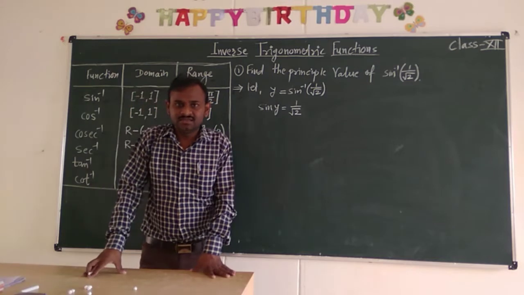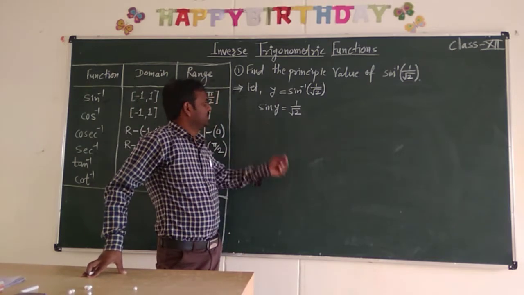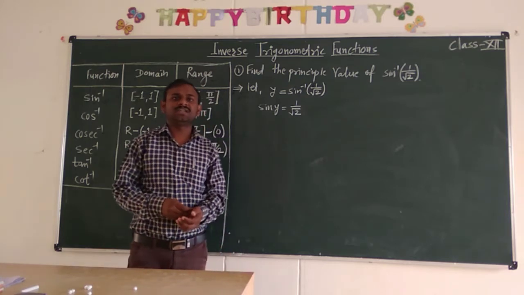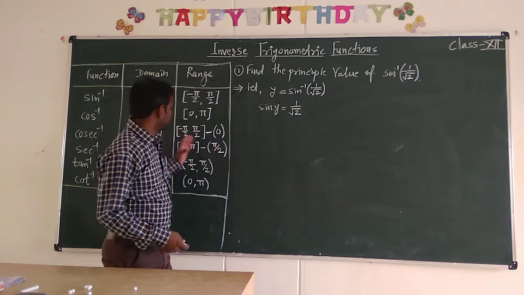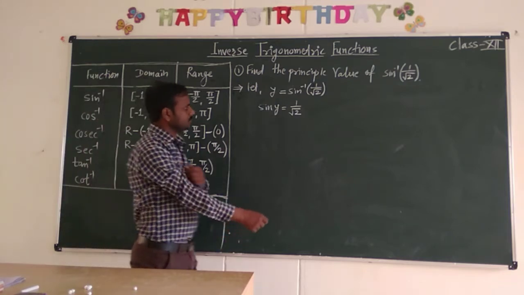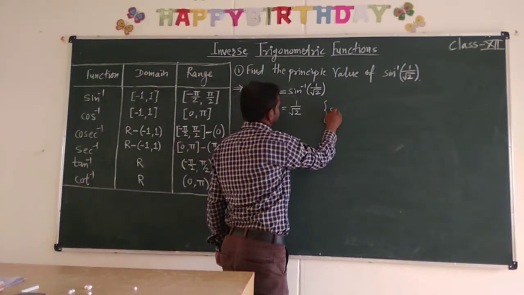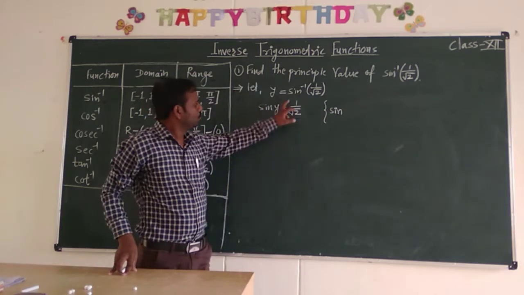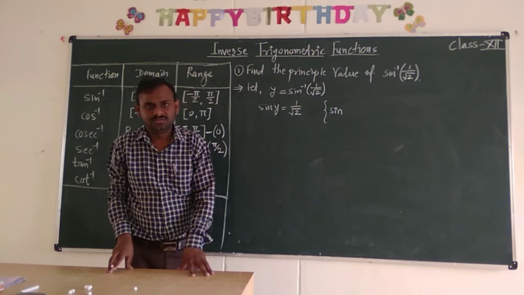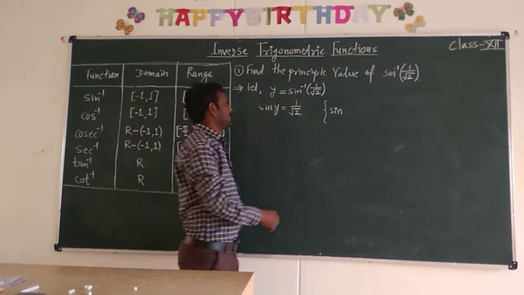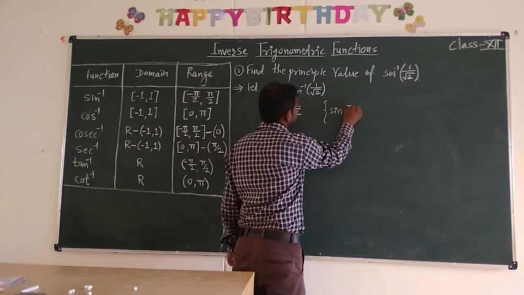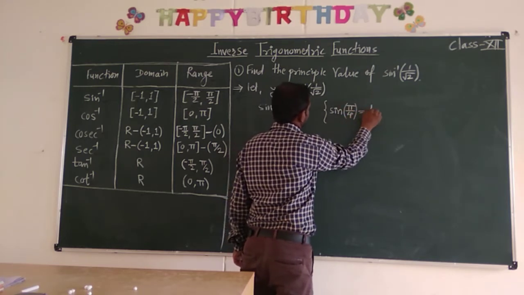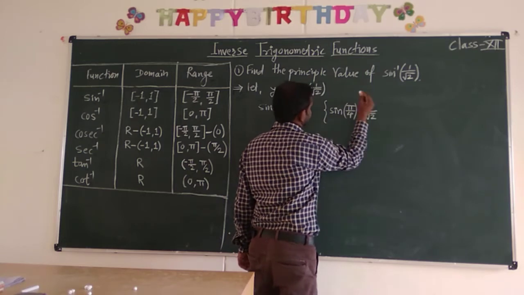In class 10, we learned the values of trigonometric functions, for example sin 90 degree, sin 30 degree, cos 90, cos 30, tan, cot, sec, and so on. So we know sin how many degrees is equal to 1 upon root 2? Sin 45 degree, that means sin pi by 4, is equal to 1 upon under root of 2.